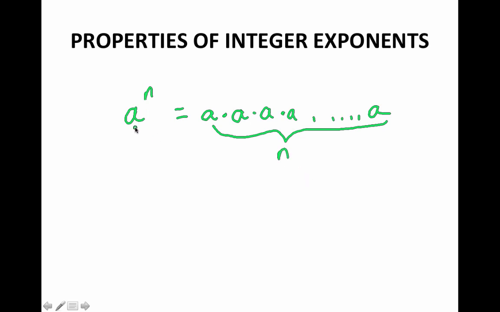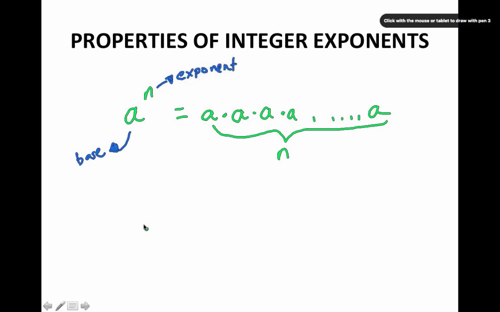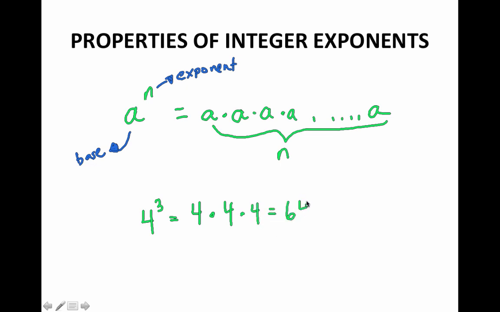A is the base, and n is the power or the exponent. So if I wrote 4 to the third power, that would mean 4 times 4 times 4, which is 64.